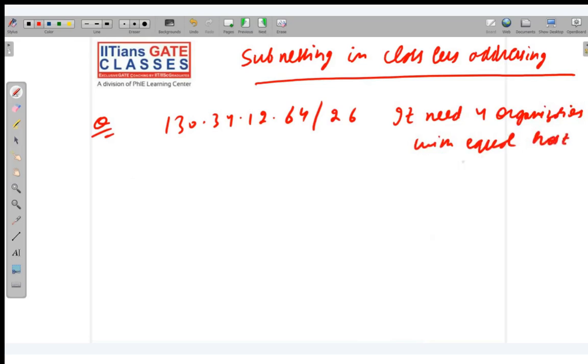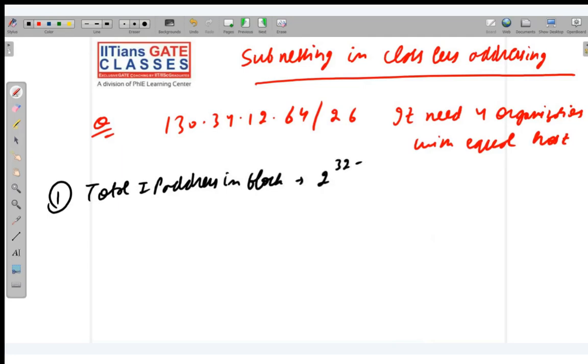So directly and indirectly the size of each subnet is fixed and equal. Now they will ask questions like, first question is total IP addresses in the block. That is very easy. 2 power 32 minus 26, 2 power 6, that is 64.